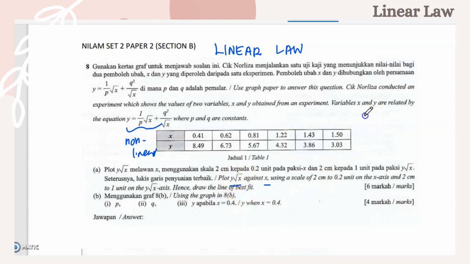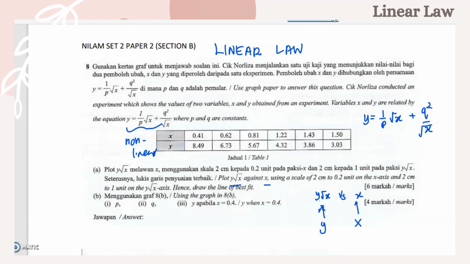Okay, so for this part, y equal to 1 over p square root of x plus q square over square root of x. So kat sini dia bagi y square root of x against x. So this one is the y function and this is the x function.